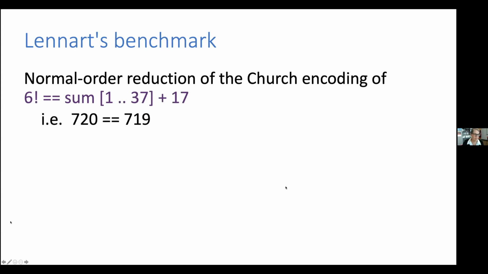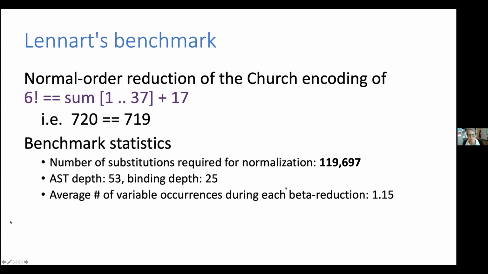I took a look at this benchmark to see exactly how much work we do, and it turns out we do almost 120,000 calls to the substitution operation during normalization. This is independent of whatever scheme we use to represent variables and binders; the implementation of normalization calls substitution in the same place.